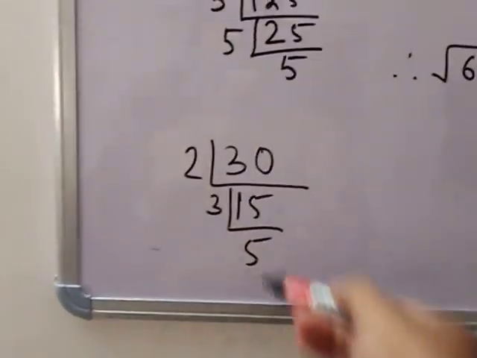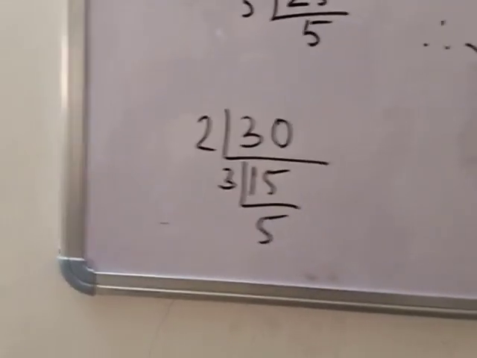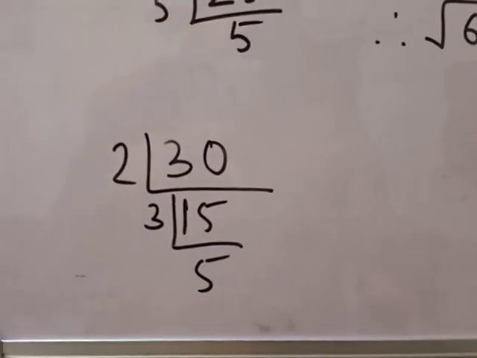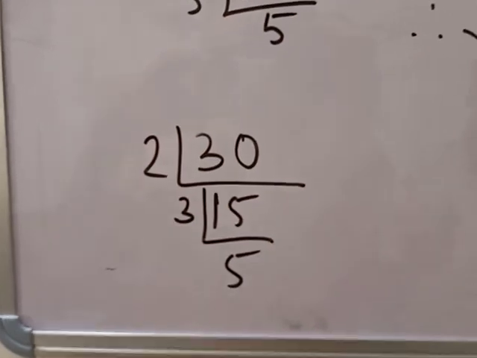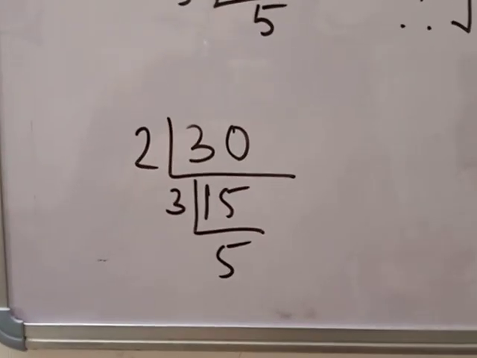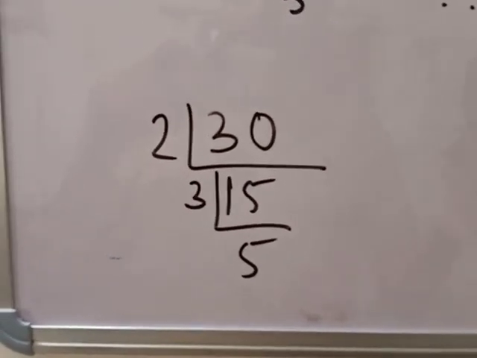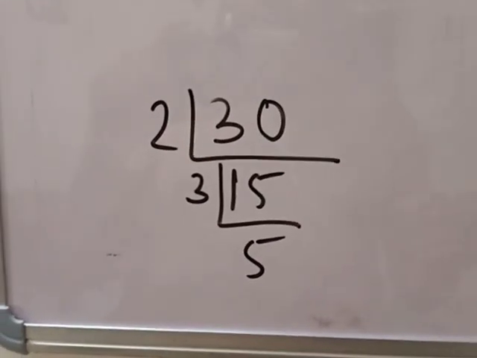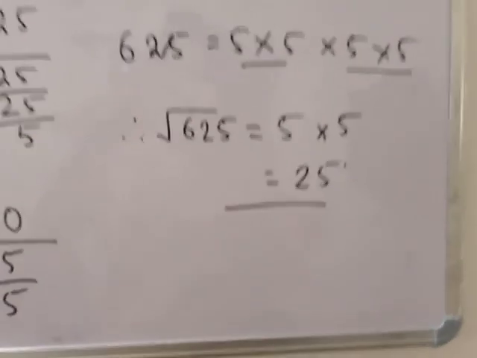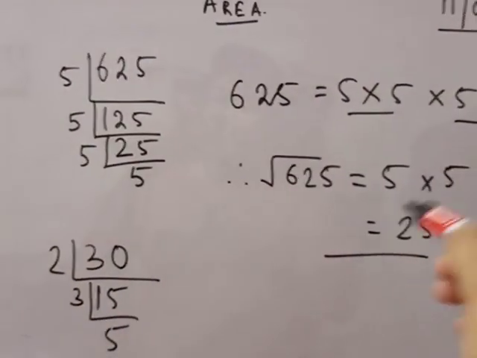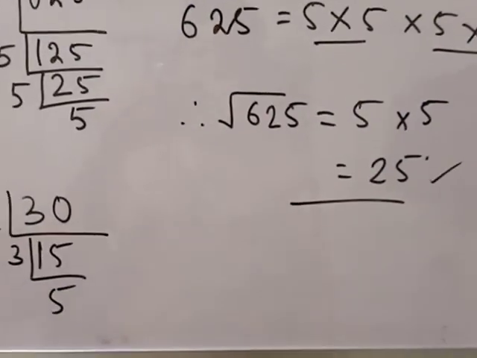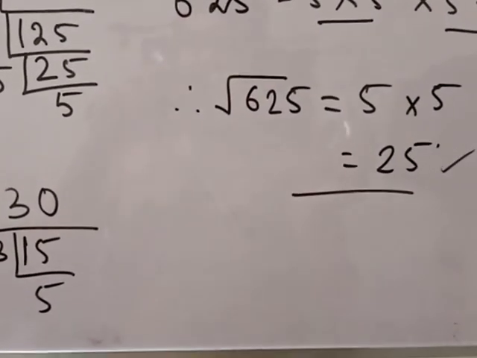So in that case no pair is coming. So we do not normally find the square root by that method. We find it by the division method, which comes in fractions. So this method is used only for finding proper numbers.